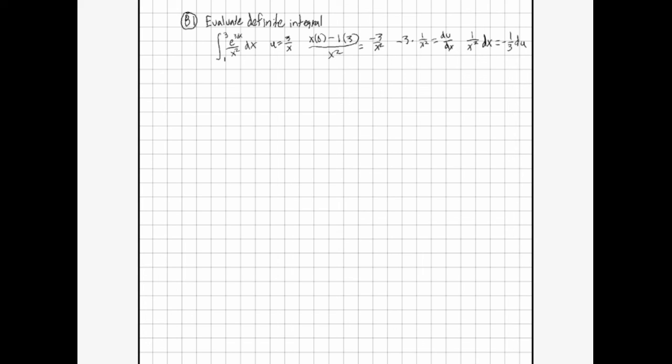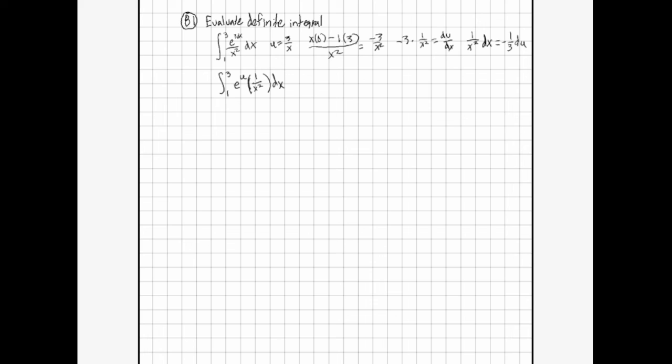Boom. So now I don't simplify, I rewrite this. So I get the integral from 1 to 3 of e to the u, because I used u for 3 over x, times 1 over x squared dx.